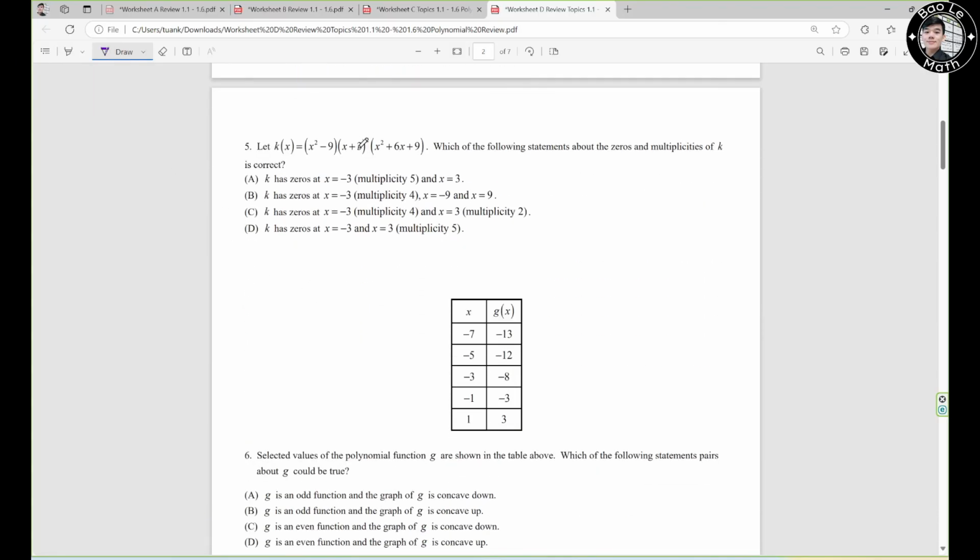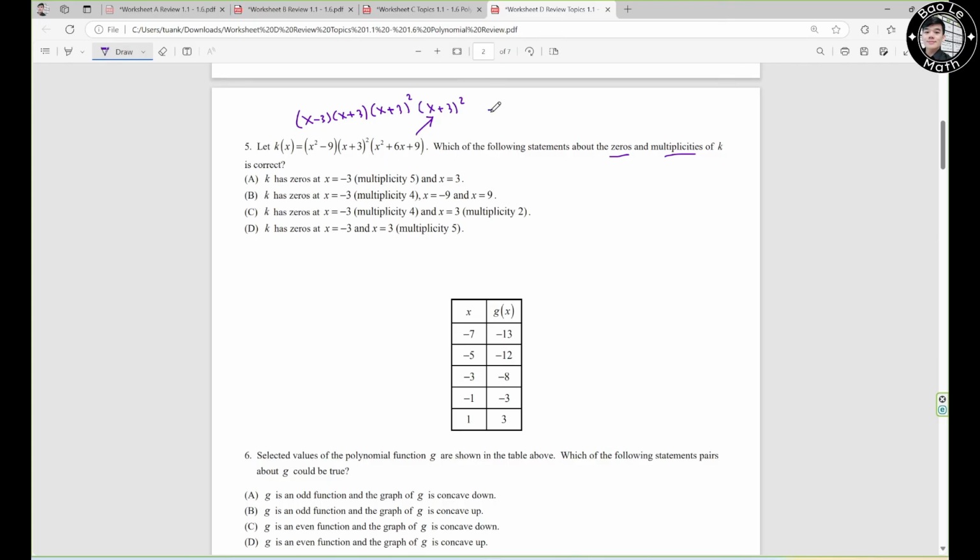Now, question number 5. The function k is given. Which of the following statements about the zero and multiplicity of k is correct? So we just factor this one. It's going to be s minus 3 times s plus 3. This one is already a linear factor, so s plus 3 cubed, and this guy turned out to be s plus 3 squared right here.